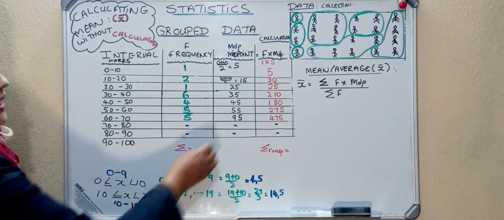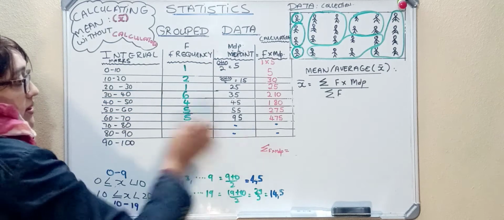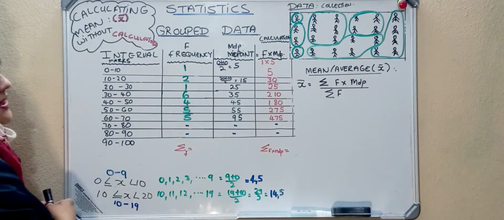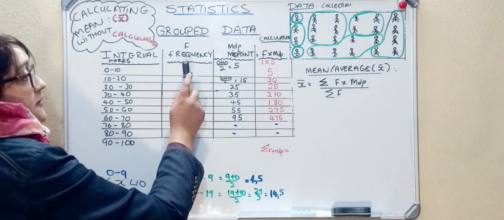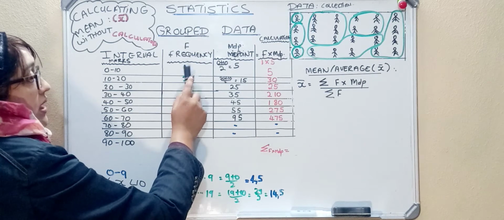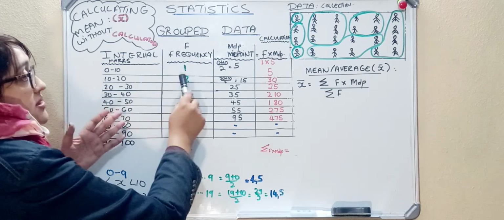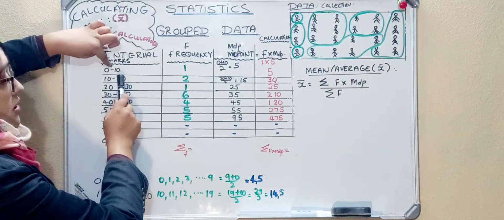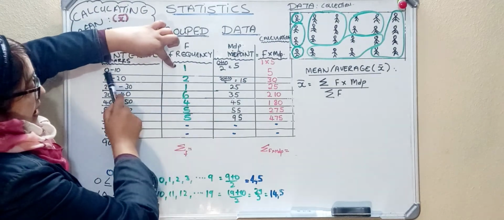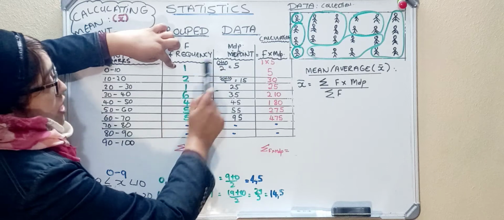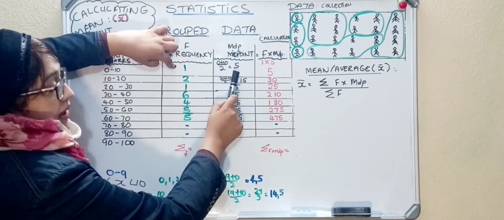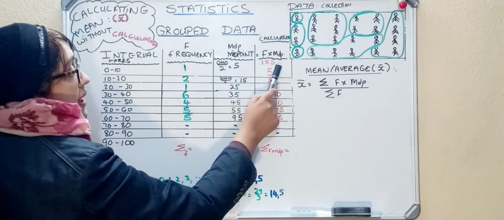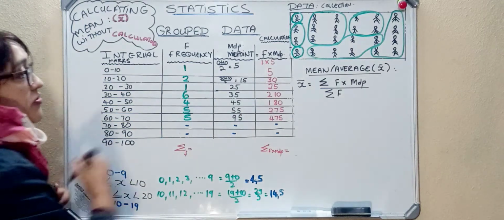Okay, so now that you have your midpoint, the next is we're going to take the frequency, the number of pupils, times the midpoint. So in the first interval, there's one pupil that had a mark between 0 and 10. So you're going to take the 1 and multiply it by your midpoint. So it's 1 times 5, which gives you 5.